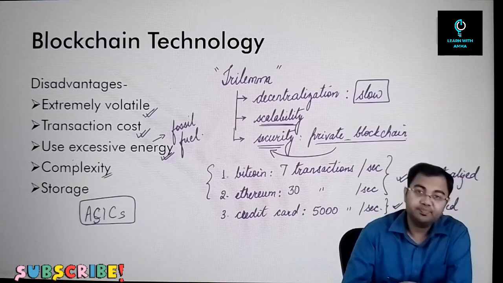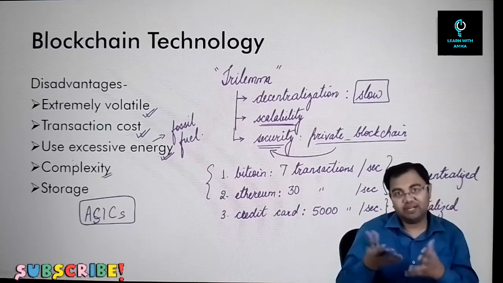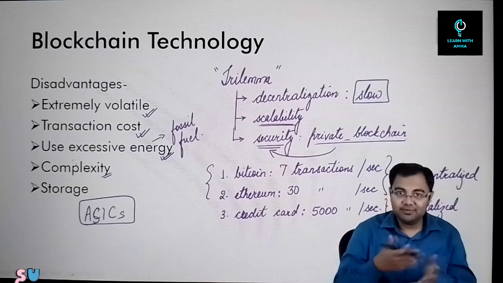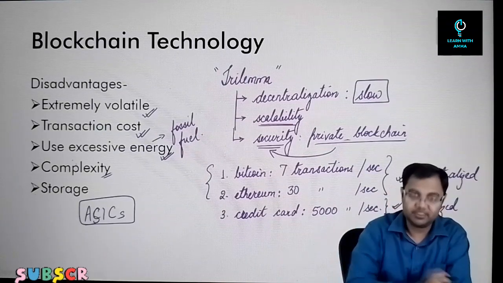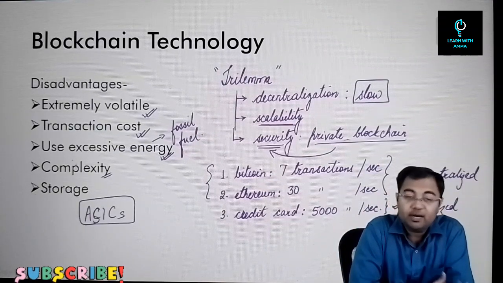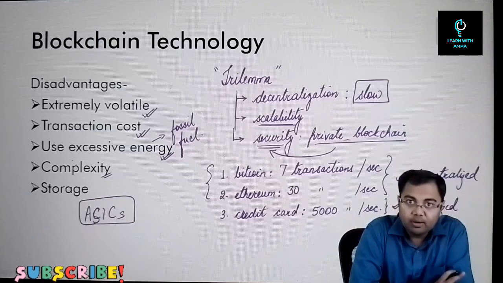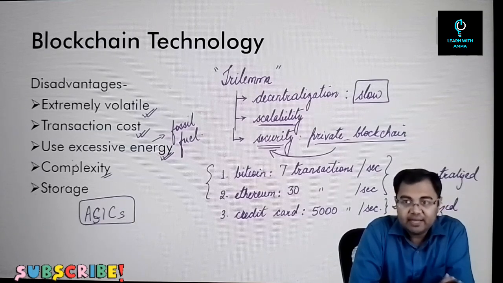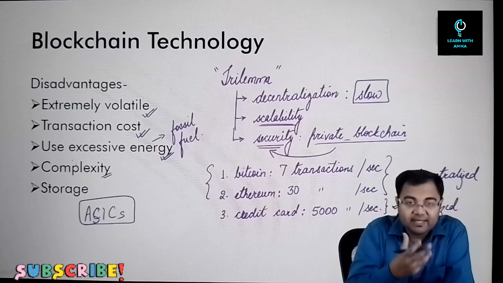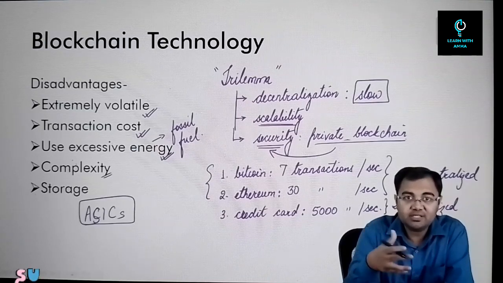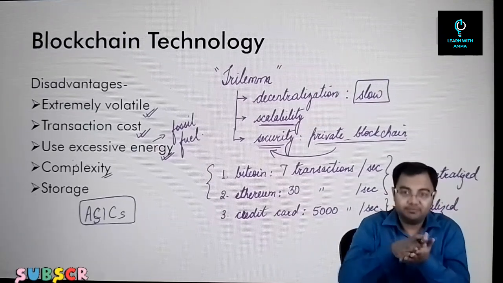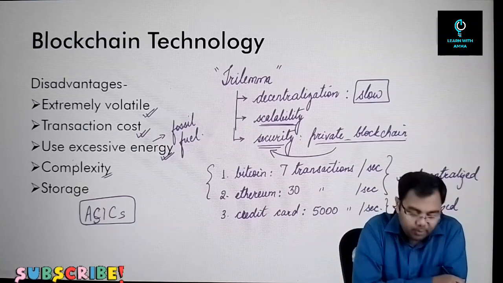Then complexity. There are so many things that I have told you. Perhaps you will also have to go back and revise it a couple of times to understand what has been happening in the blockchains and how blockchains are being implemented. So complexity in the system is there, and that's why it's not easy to understand how the entire system works. Whatever I have touched is just the surface of the entire working of the blockchains.